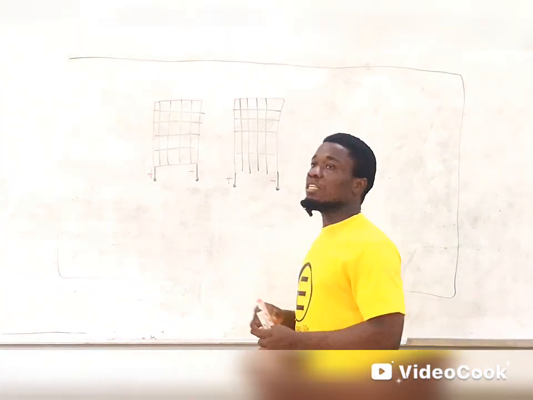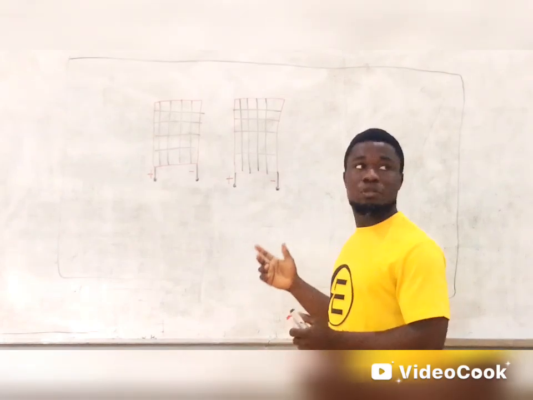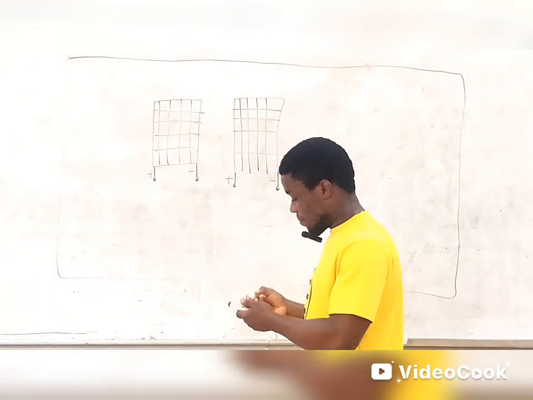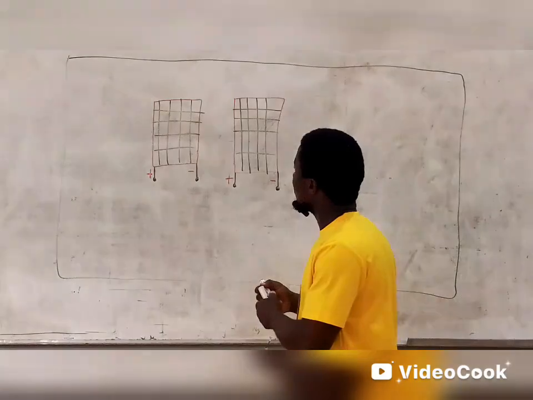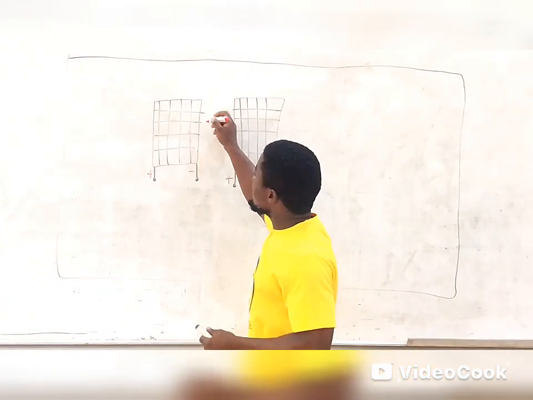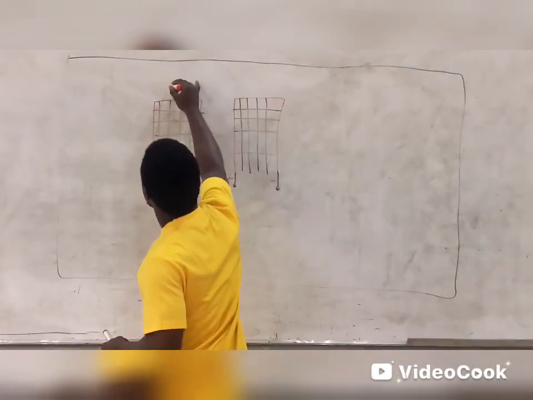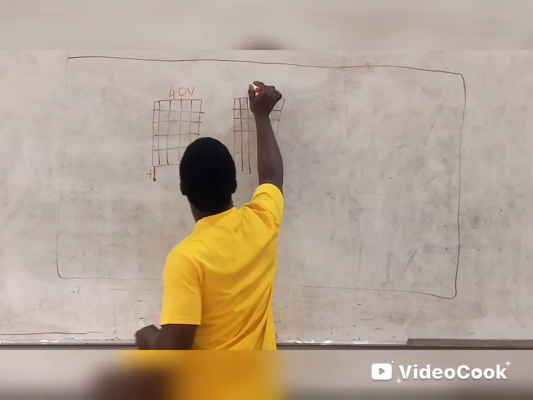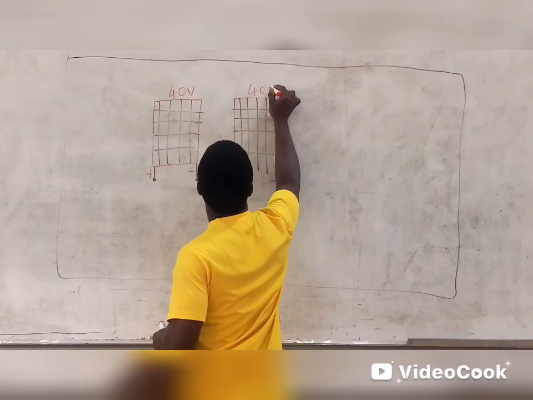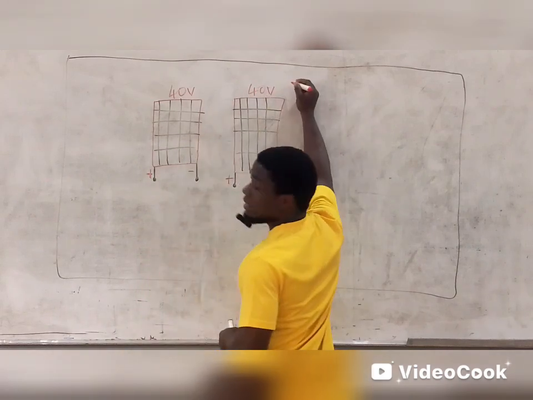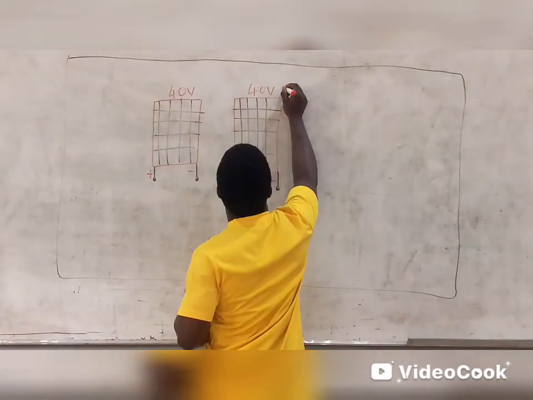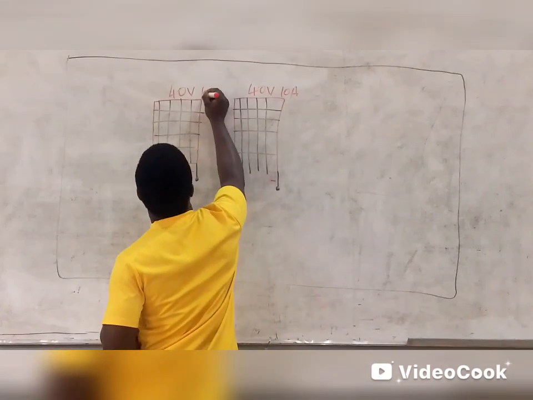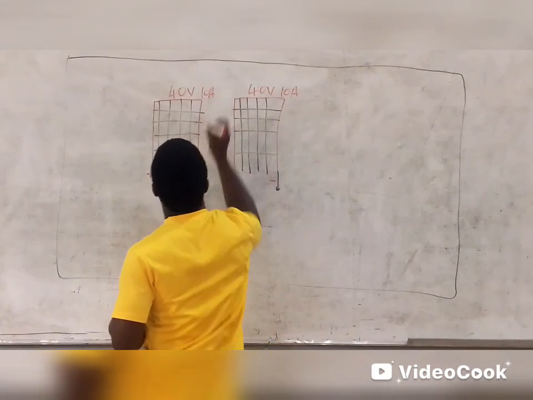Then the second thing is to consider the voltage and currents of the solar panel. Let's make this a 40 volts solar panel with 10 amp of current.